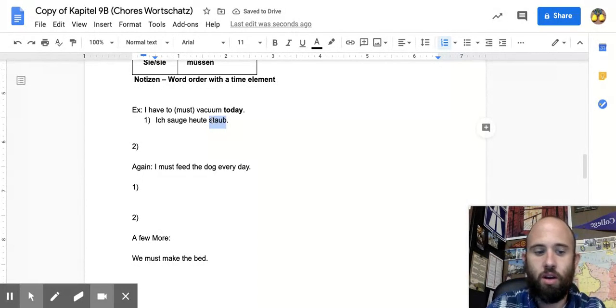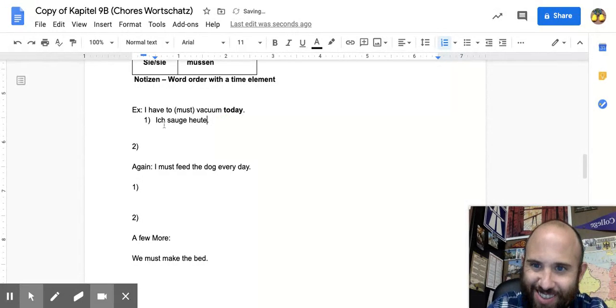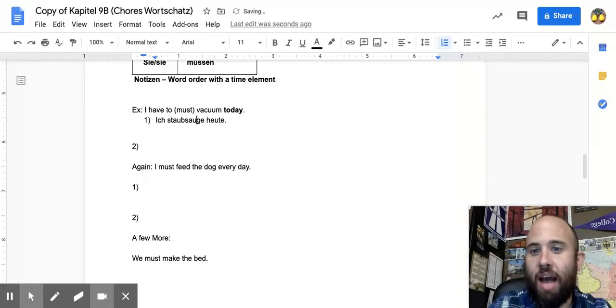Or Staubsaugen isn't always used as separable. Ich staubsauge heute. Let's keep it as a normal verb. But notice I conjugate staubsaugen.